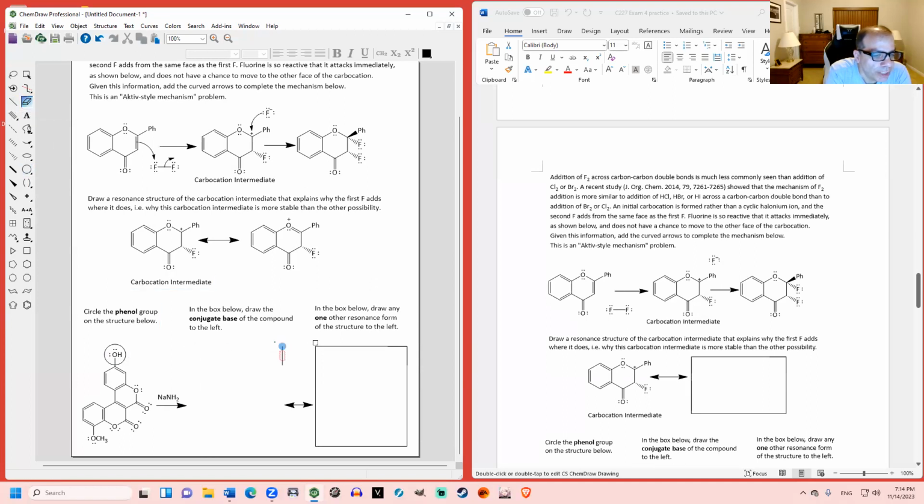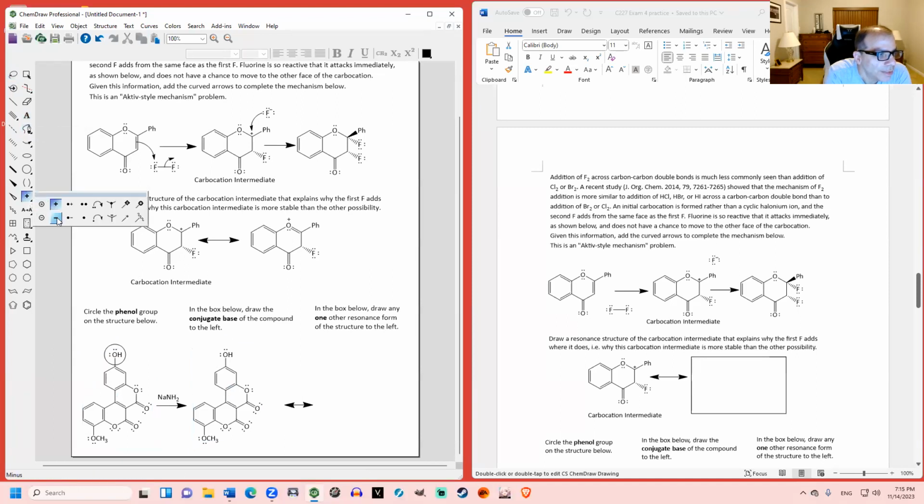Then it says draw the conjugate base. Remember from chapter 2, the conjugate base has one fewer hydrogen.